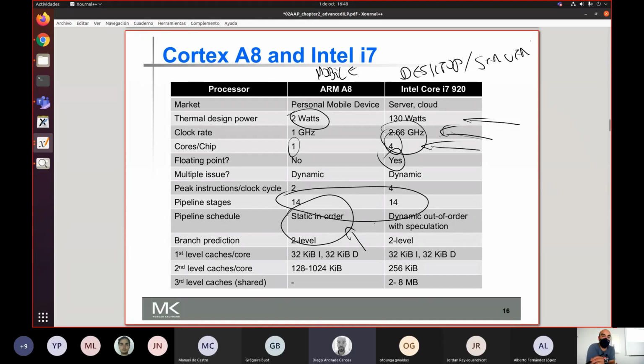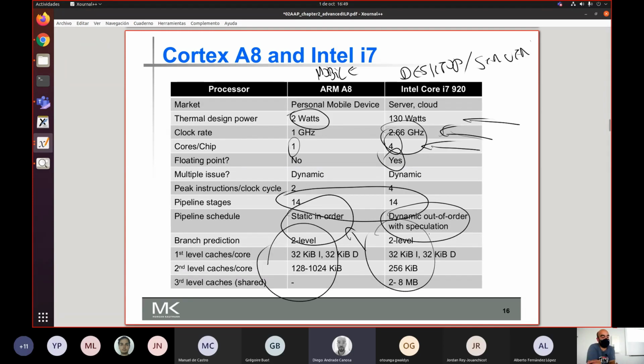So you can see that this kind of aggressive improvement of the performance of the processor is not good for any platform because it requires transistors, it complicates the design of the processor, and most importantly, it consumes a lot of power, okay? Obviously, you trade power for performance. At the end you find the characteristics of the cache memories, but they are not very relevant. One of them has 2 levels of cache, and the other has 3 levels.